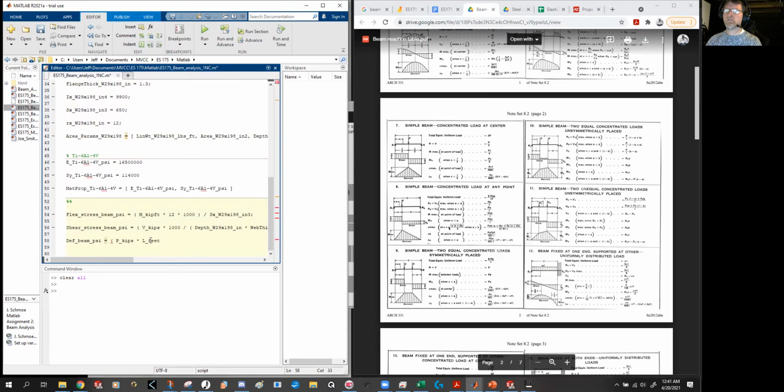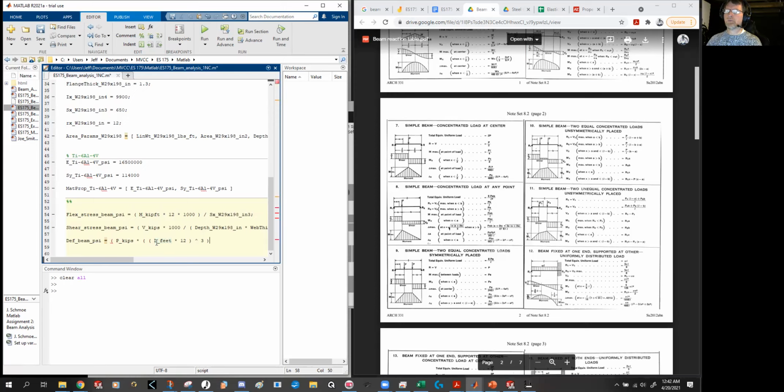But uh-oh, that's in feet. That's why I put units there, to remind you. Feet times 12 inches per foot, but that has to be raised to the third power. So I want it like this.